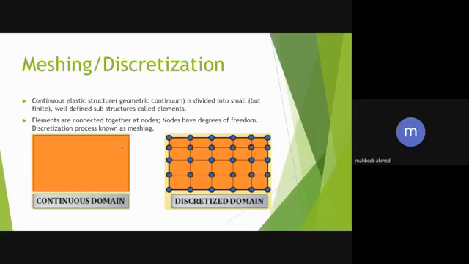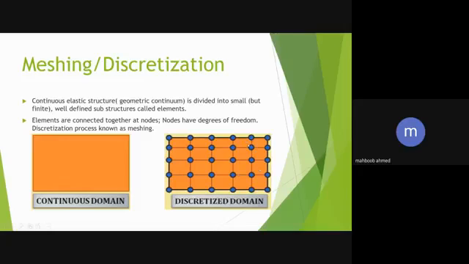Okay, so you can see this is a continuous system, and I have converted it into a finite system. I have divided it into small parts. This is one element, 1 2 3 4 5, 1 2 3 4.